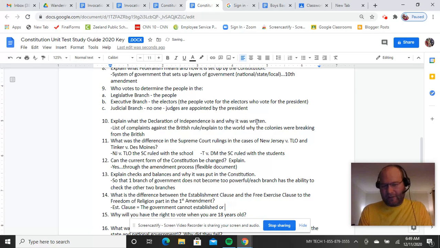Government cannot establish, let's just leave it at that, a religion on its people.